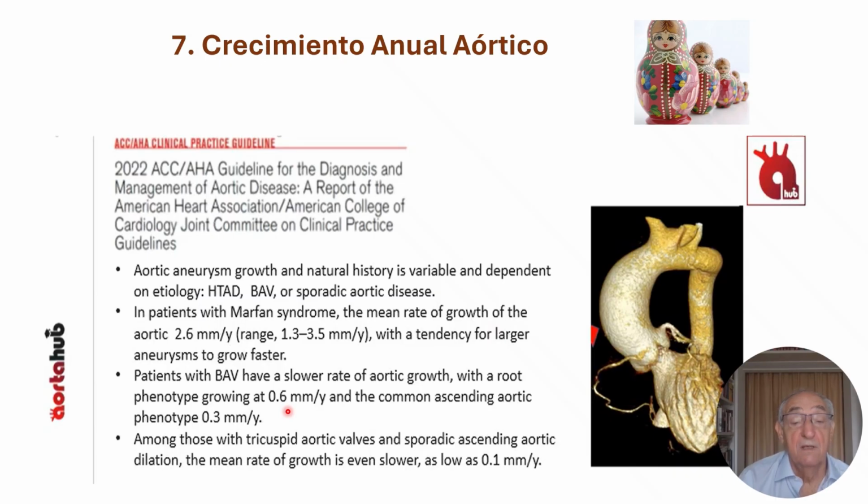Also remember that outside of genetics and bicuspid, growth is even smaller, up to 0.1 millimeters per year, meaning that perhaps the repetitive monitoring of patients is excessive under specific circumstances. If we do not have a large diameter exceeding 47 or 48 millimeters, in a non-genetic, non-bicuspid context we should follow up every 2 or 3 years because the changes are very slight.